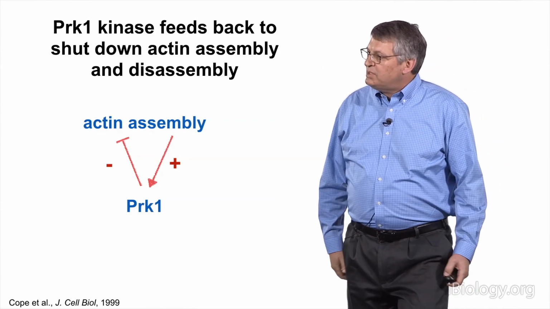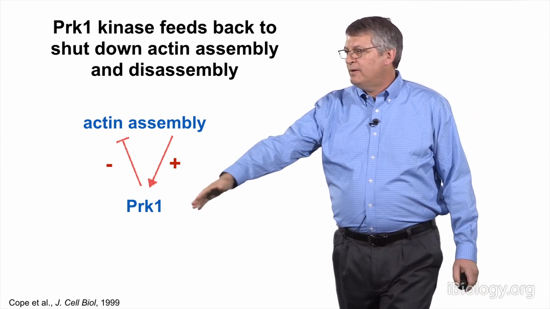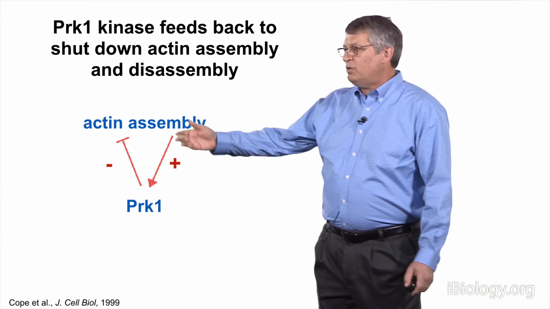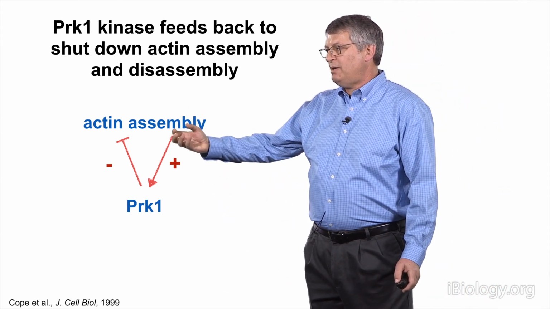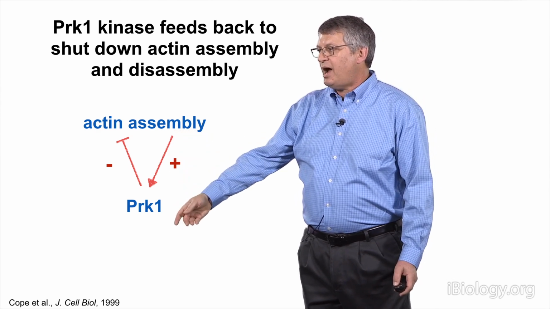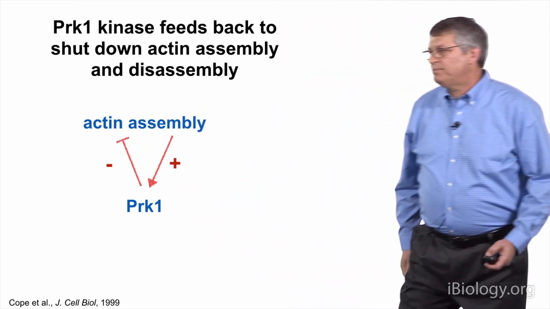And so some years ago, we found a master regulator of endocytosis in yeast, a protein kinase called PRK1. What happens is there's a burst of actin assembly at the plasma membrane. The actin recruits this kinase, and the kinase feeds back and turns off actin assembly.